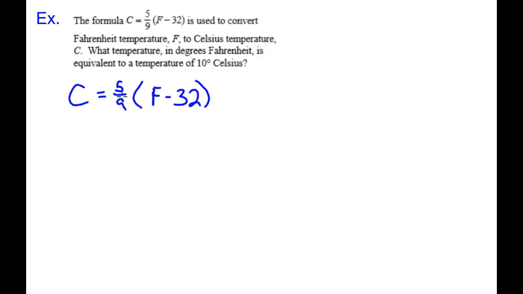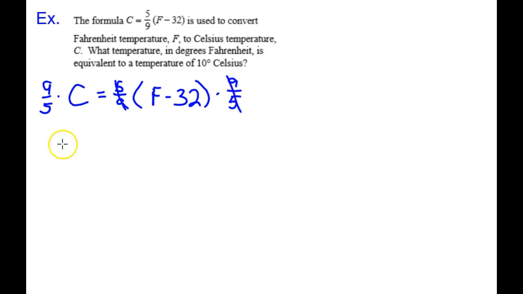Or to get rid of a fraction, instead of dividing by a fraction, we can multiply by the reciprocal. So we can multiply by 9/5. If we multiply one side, we have to multiply the other side by 9/5 as well. 5/9 times 9/5 is 1.